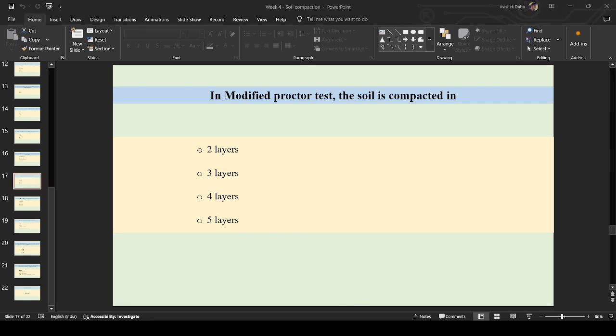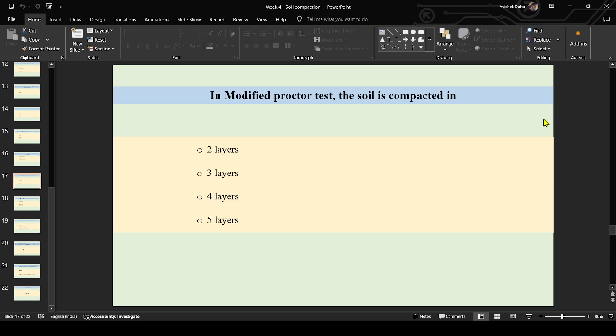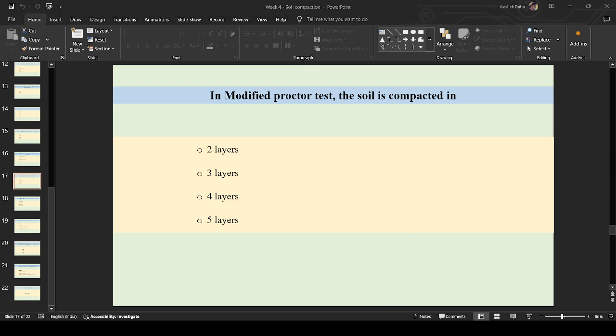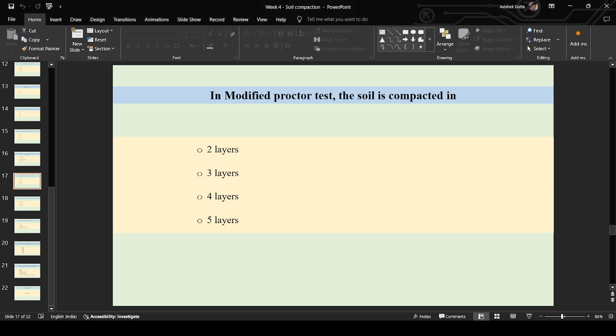In modified Proctor test, the soil is compacted in, the options are 2 layers, 3 layers, 4 layers, or 5 layers. The very simple question. Actually, the chapter soil compaction is not too complicated, so I have given some simple, easy questions.